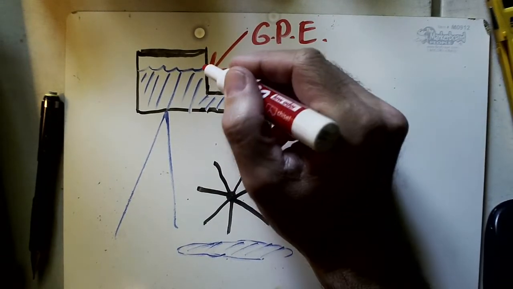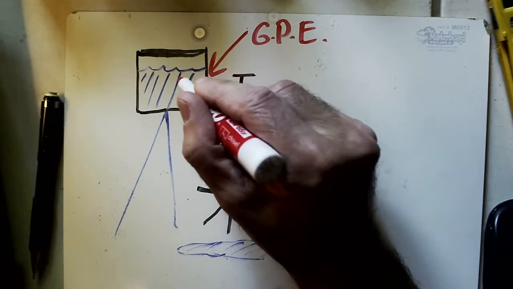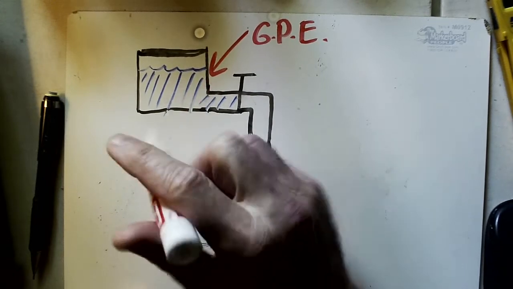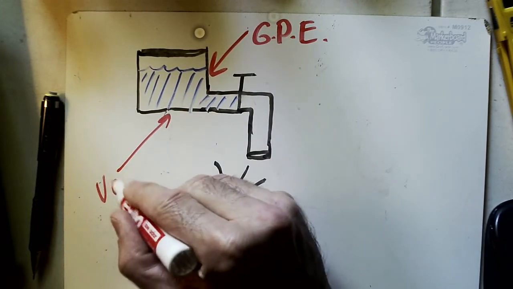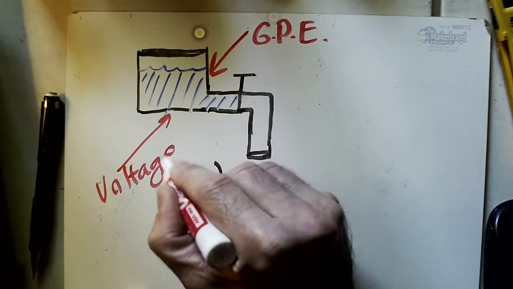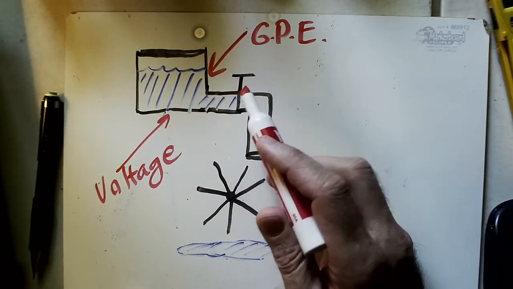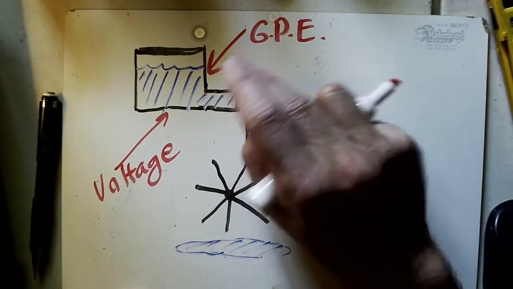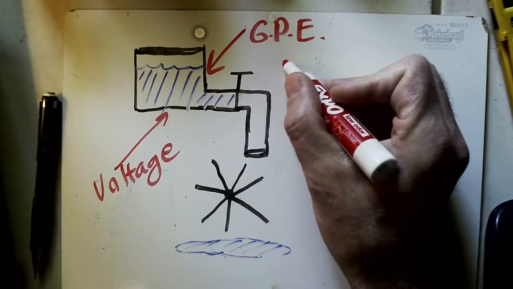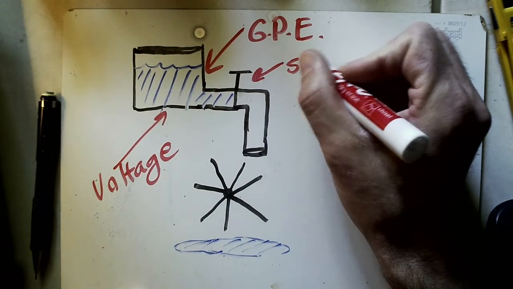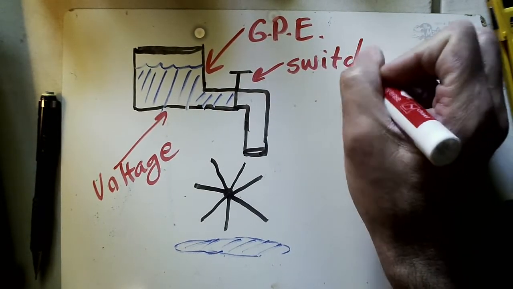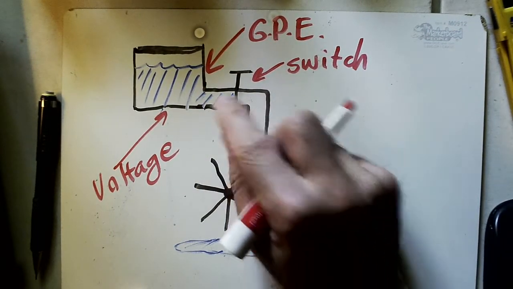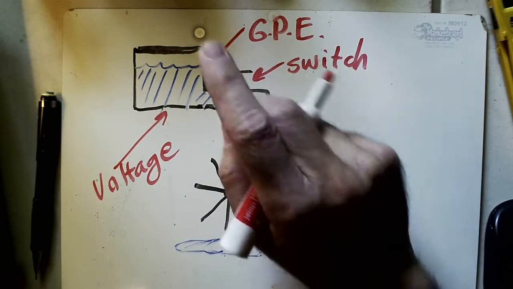In electricity, this potential energy, this stored energy, would be called voltage. It's stored energy that can move through a wire. When I open this little valve, and we can call this a switch, which we're actually going to get to during the next section, that would be what controls the water to go out or the electricity to move.